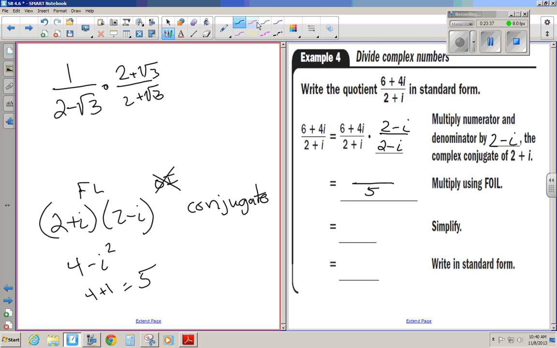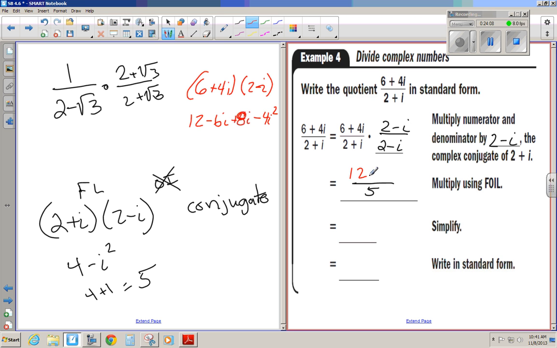The numerator, you have to do all parts. 6 times 2, 6 times negative i, 4i times 2, minus 4i squared. So the numerator becomes 12 plus 2i minus 4i squared.